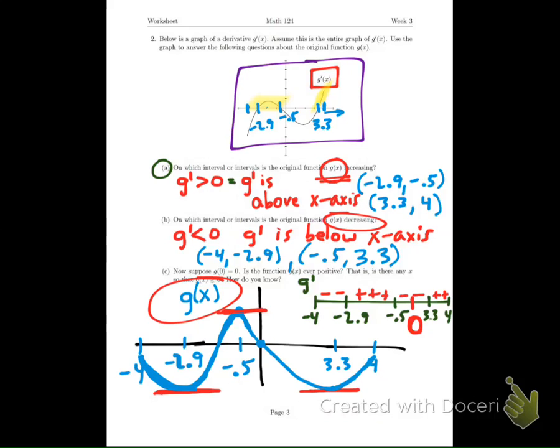You can't know for sure, but you can get the key points on the graph. See if you can draw g of x from g prime, and make sure your g of x goes through the origin, and see if you can reason your way through to get to what g of x would look like.